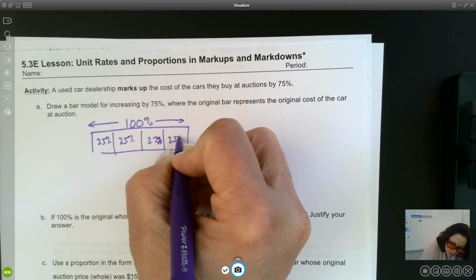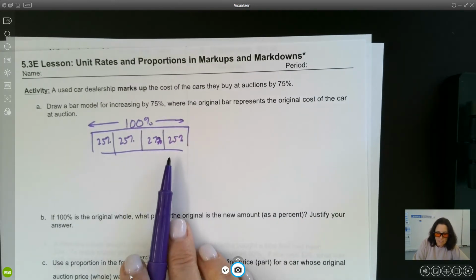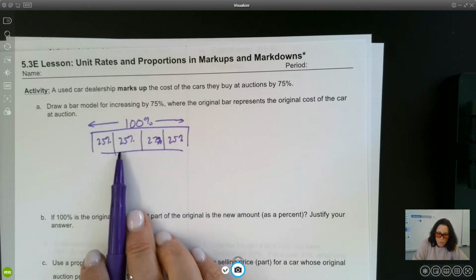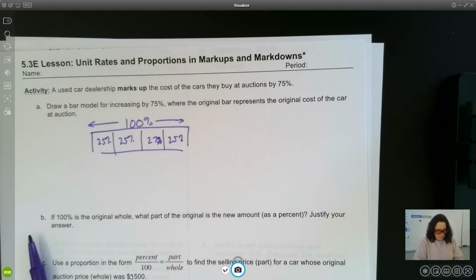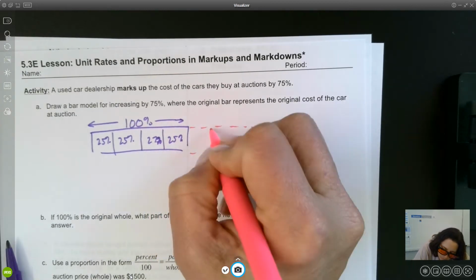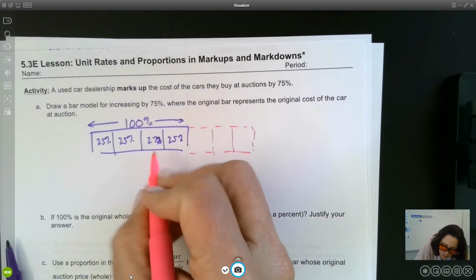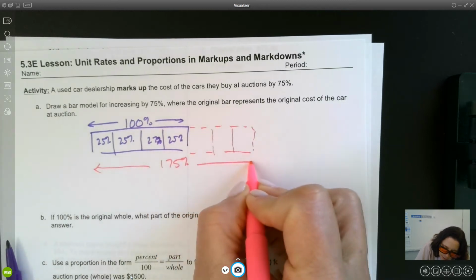Okay, now if we're going to mark this up 75%, aren't we going to add on 3 of these boxes? Okay, so let me get another color here. So this is 175%.